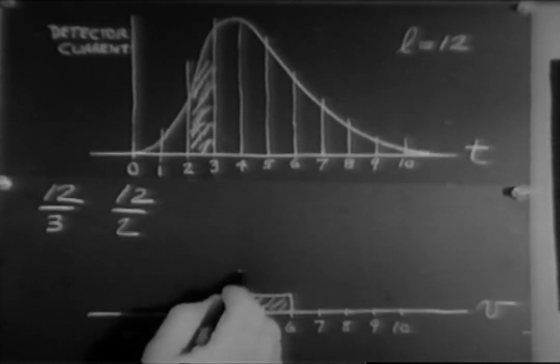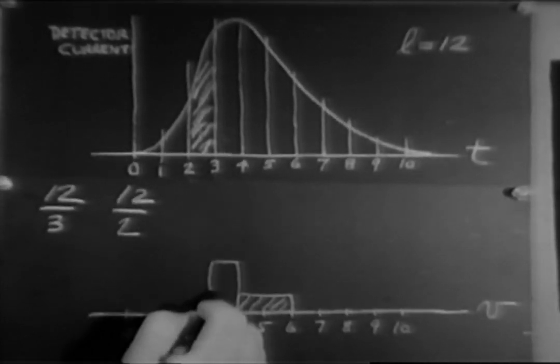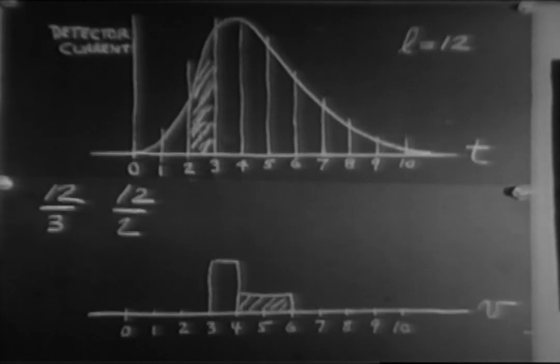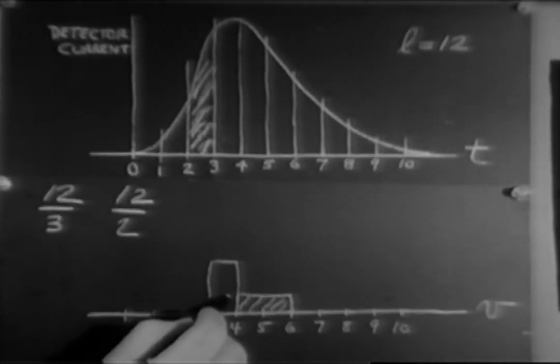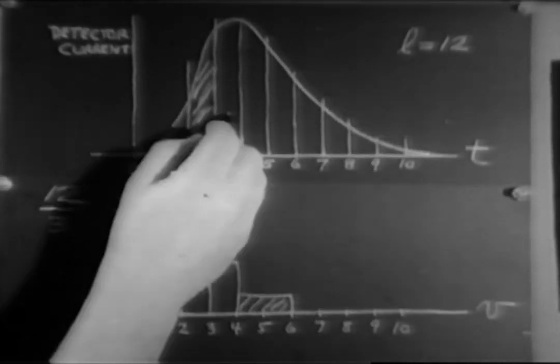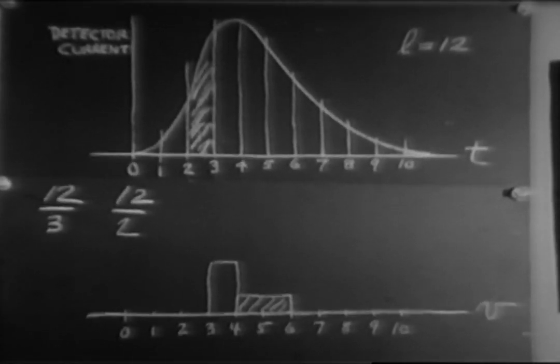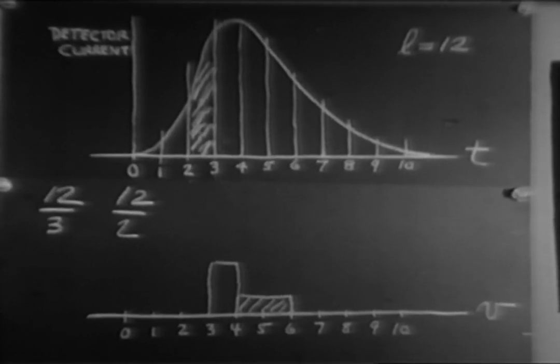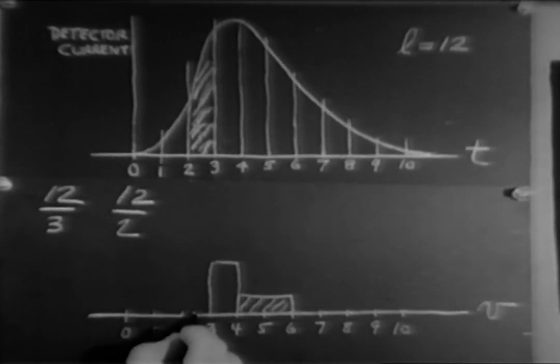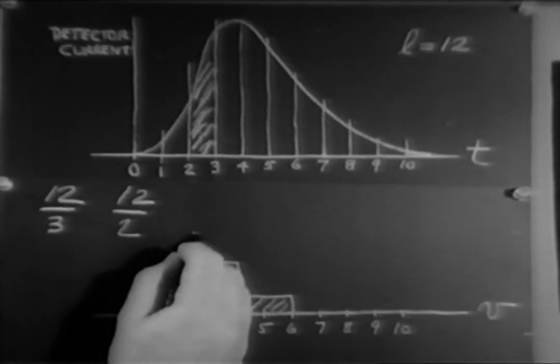So I must draw this rectangle more than twice as high as this one, in such a way that this area is to this one as this area is to this. The next interval, from 4 to 5, will have atoms with velocities between 2.4 and 3, and so they'll show up something like this.